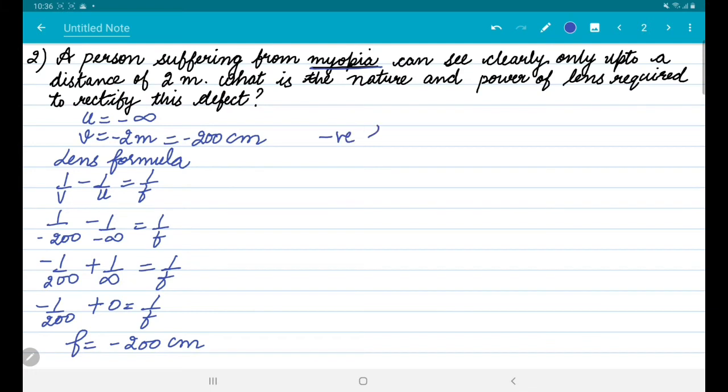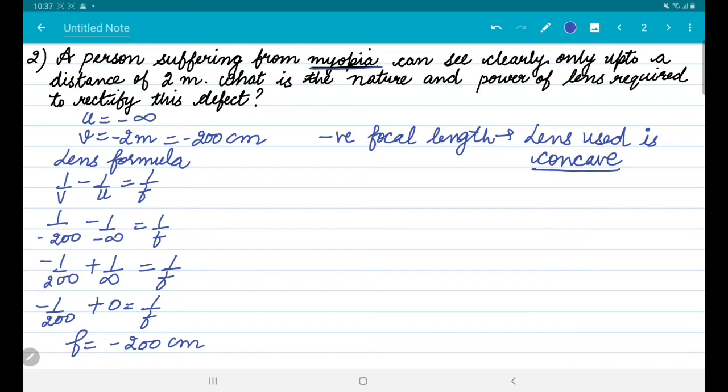Negative value of focal length indicates that the lens used is concave. So nature of the lens comes out to be concave. Now we'll use the formula for power. Power is equal to 1 by f.